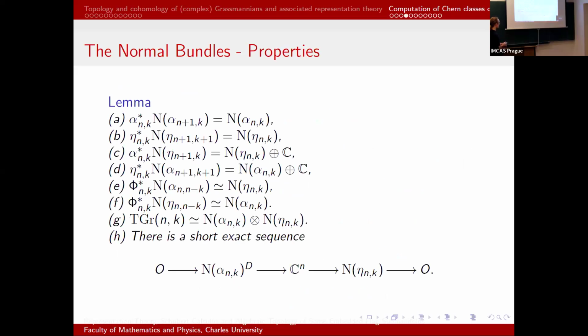This lemma, which I have also proved just by looking at how the representations of the parabolic subgroups restrict under these group homomorphisms, is quite easy to prove, and it states many nice properties of the two normal bundles. They behave very well with respect to pullbacks along the vertical and horizontal inclusions.